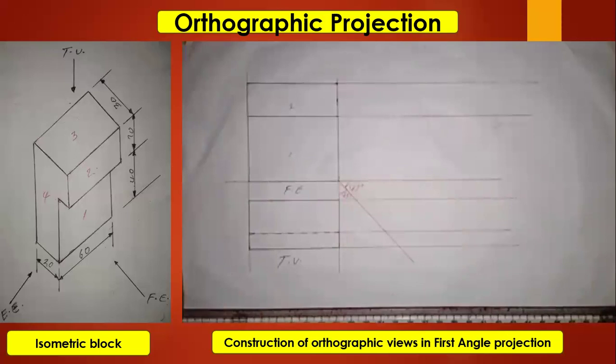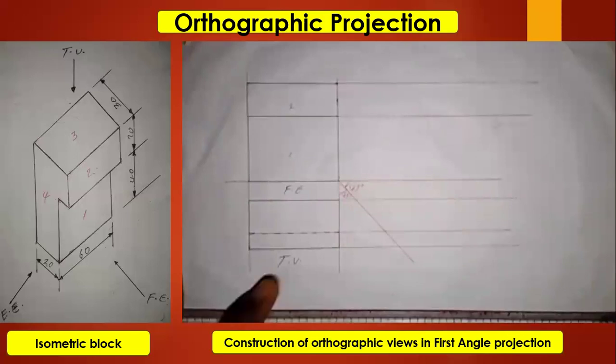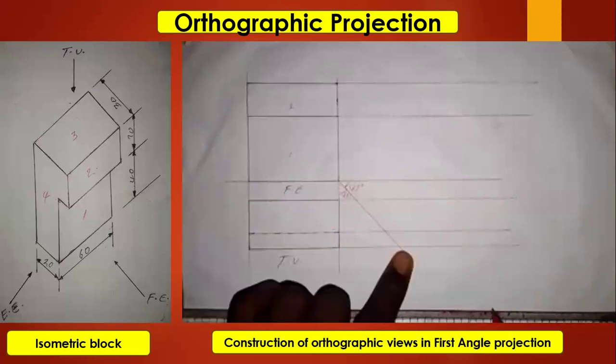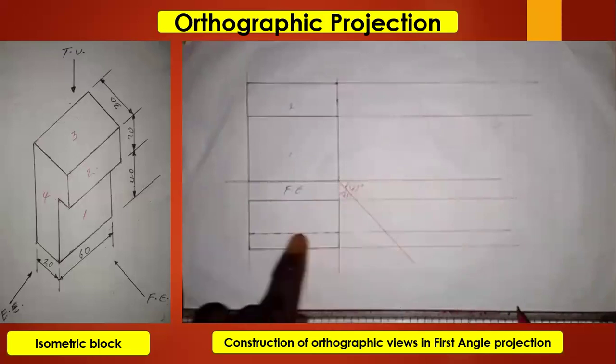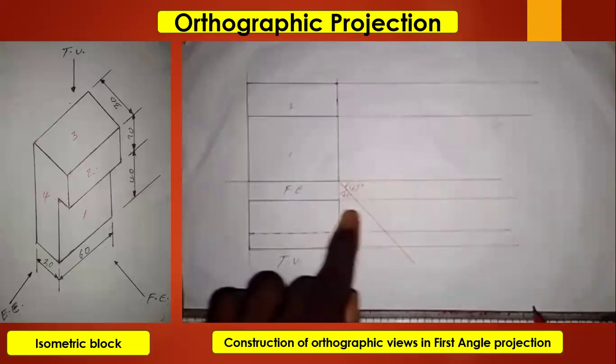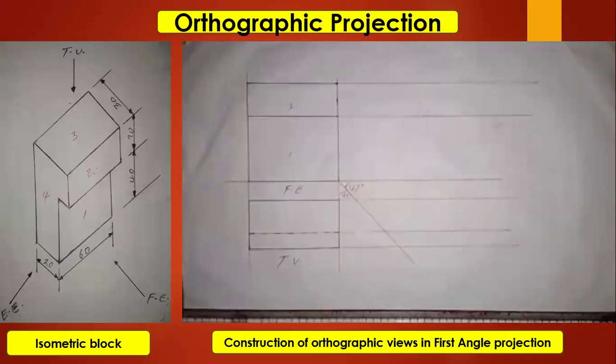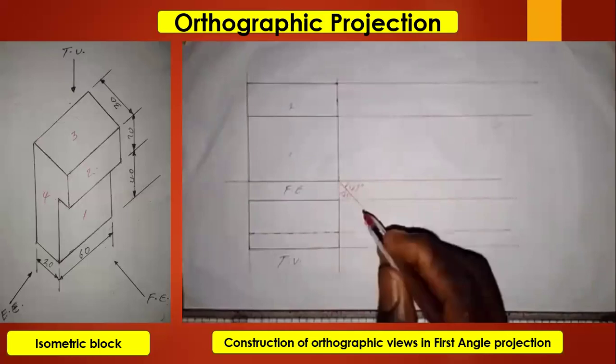Now, the next thing that we are going to do is that wherever this inclined line touches the horizontal lines throughout the bar, we are going to take it. This one touches this horizontal line.